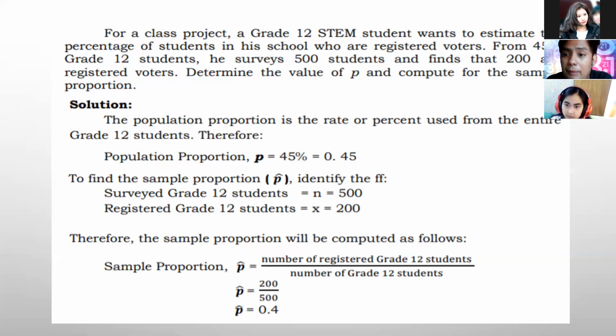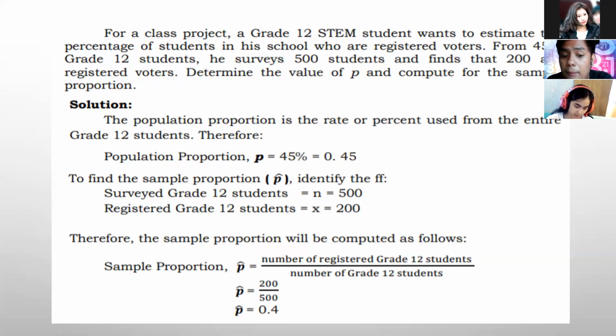Paano natin ngayon makikita ang sample proportion? Ang sabi dito, out of 500 na sinurvey, which is the sample, ilan ang lumabas na may characteristic na hinahanap? Ang lumabas sa 500 ay 200. So that's 200 over 500.